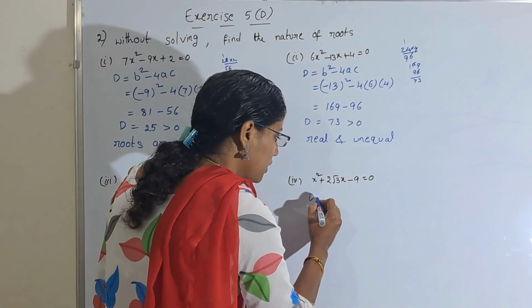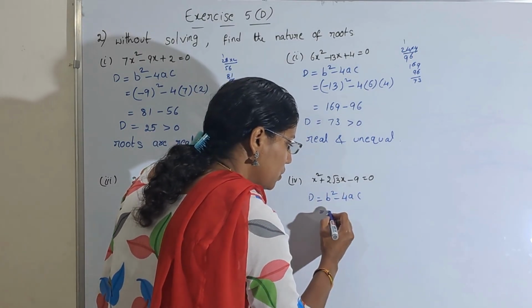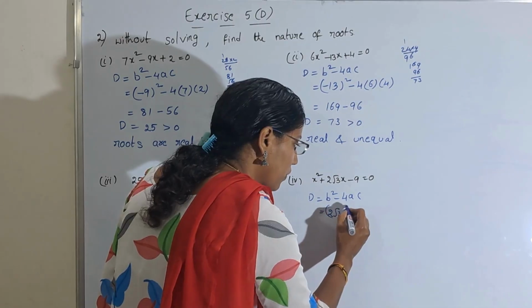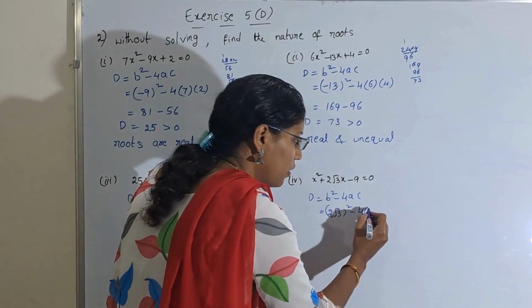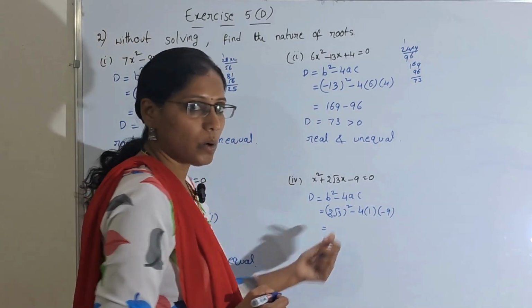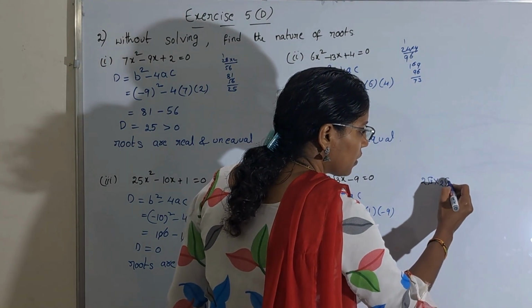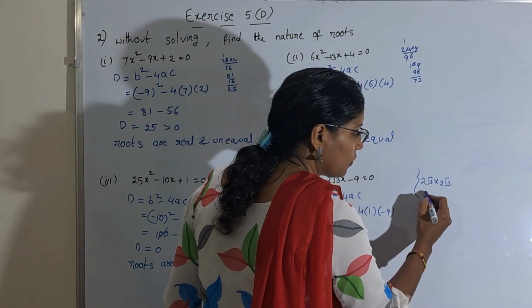Next, D is equal to b square minus 4ac. b value is 2 root 3 whole square minus 4 into a value 1, c value is minus 9. Here 2 root 3 whole square, 2 root 3 into 2 root 3. Multiply 2 2s are 4.